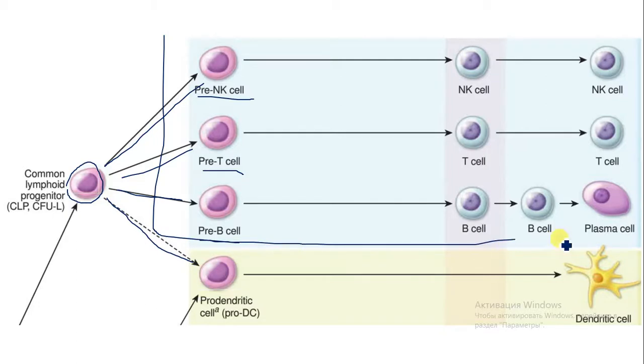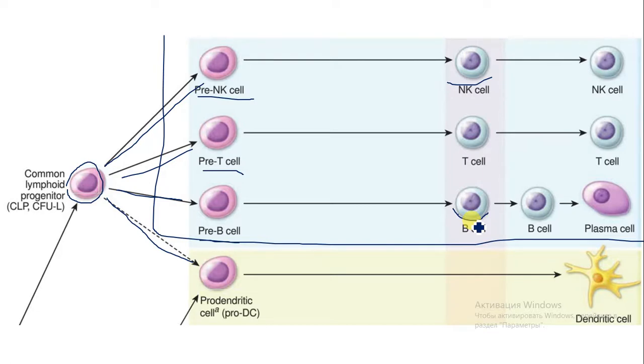Pre-NK cells are produced in bone marrow, matured in bone marrow and enter into the bloodstream. But keep in mind that when they are formed in bone marrow, their final maturation goes in their respective organs which are responsible for maturation of the cells. NK cells and B cells are matured inside lymphatic nodules or lymph nodes.